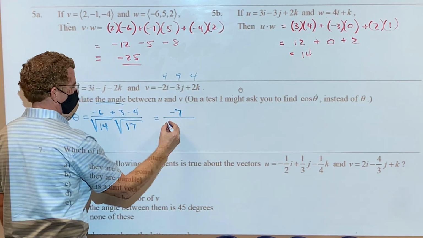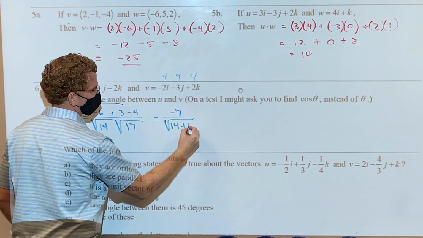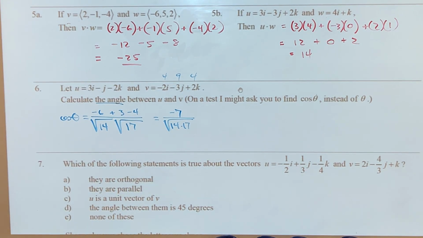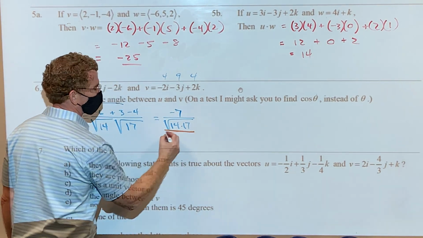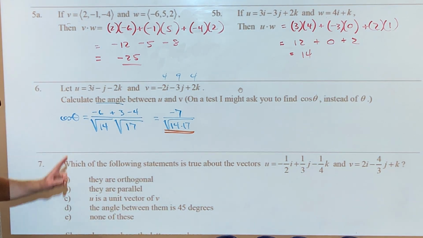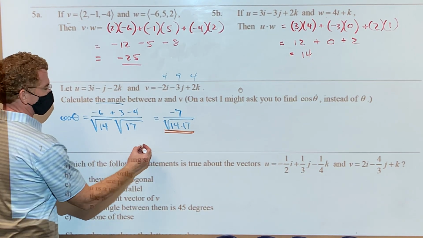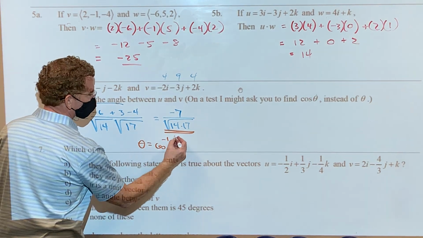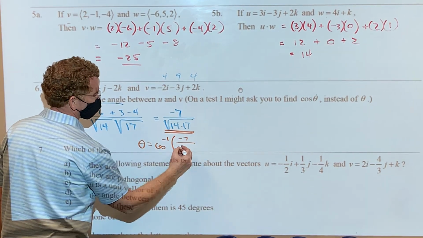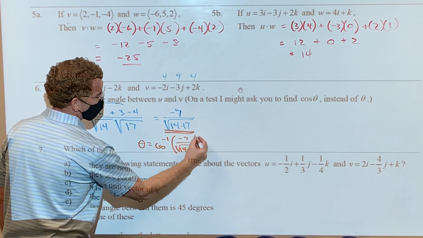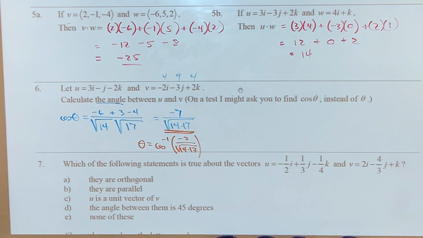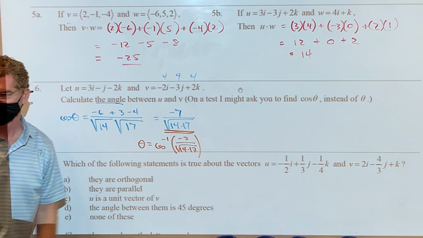So all of that gives me root whatever 14 times 17 is. And I'm not even going to bother multiplying it out because my calculator will do that. So if I asked you what was cosine of theta, you would have just written this that I'm underlining in brown. But if I ask you for the angle, which is what I did here, then I'm going to say theta equals the inverse cosine of that. Are y'all tracking with me on this? Yes? Okay. All right. And then, of course, if you have a calculator, type it.